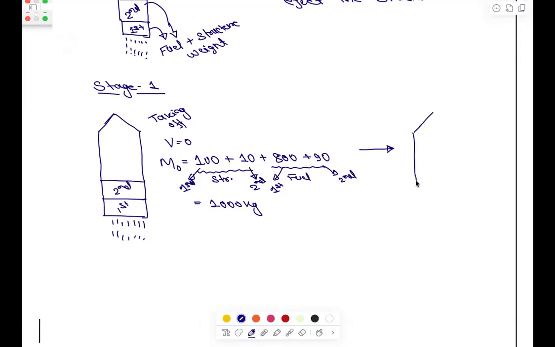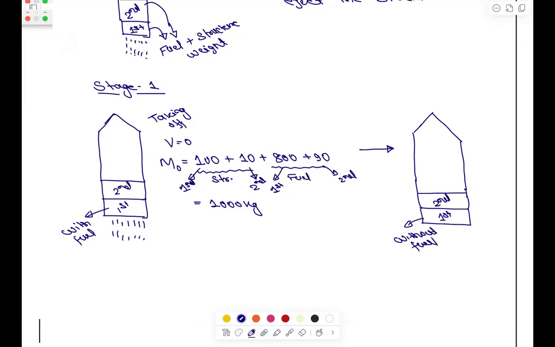And now it's time to come to this stage. Here with fuel, here without fuel.